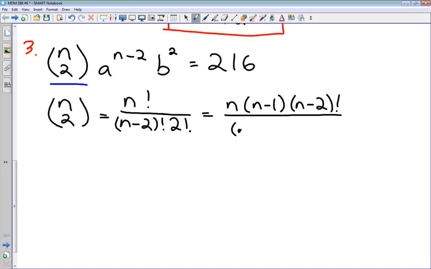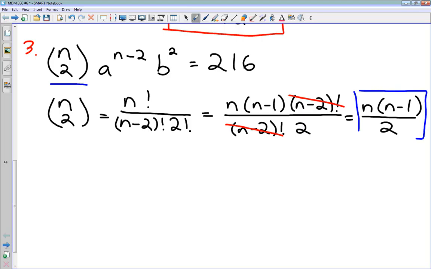Down on the bottom, I've got n minus 2 factorial, and I've got 2 factorial, but 2 factorial is just 2. So you can see here that this n minus 2 factorial and this n minus 2 factorial are going to cancel out. And then I can just write this as n times n minus 1 all divided by 2. So this is one of the things that we're going to substitute into equation 3.